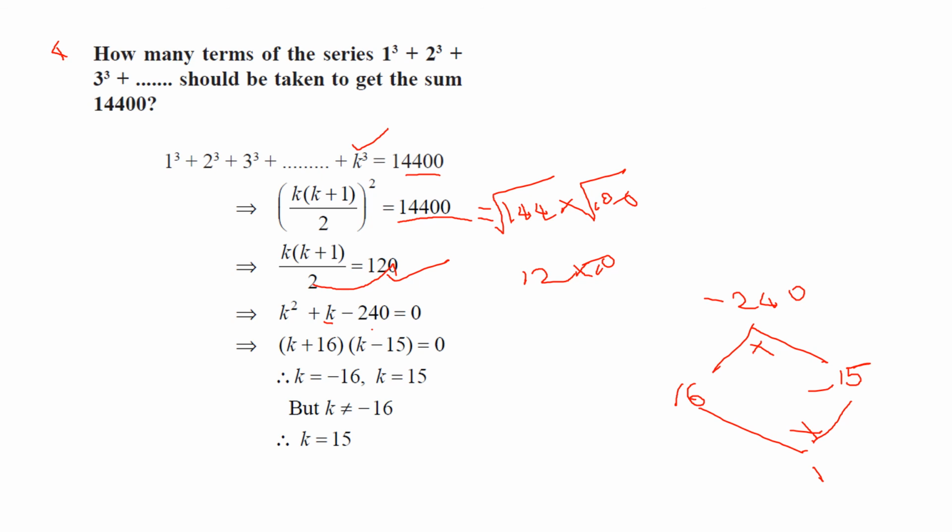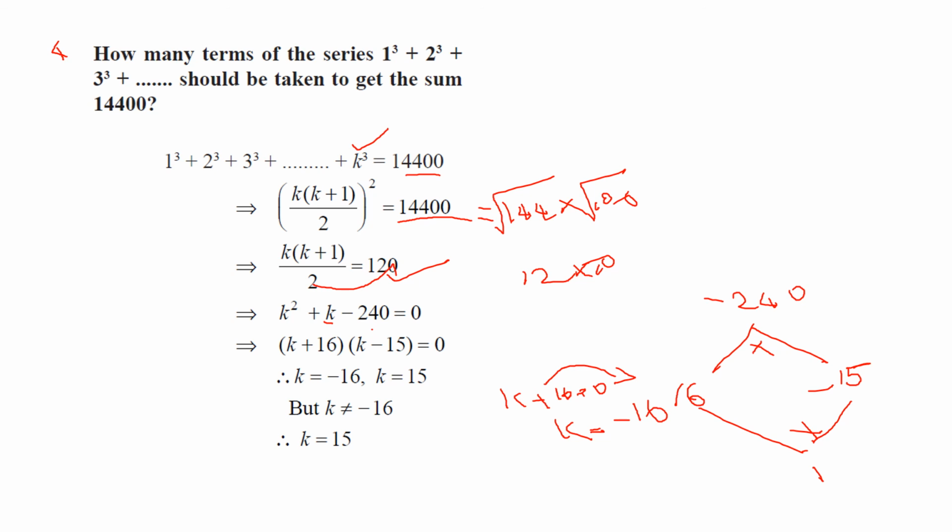So you write it k plus 16 into k minus 15 equal to 0. k plus 16 equal to 0 means k equal to plus 16 will go to the right hand side, it will come minus 16.